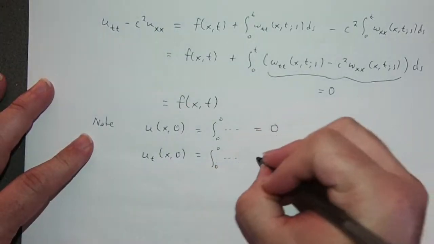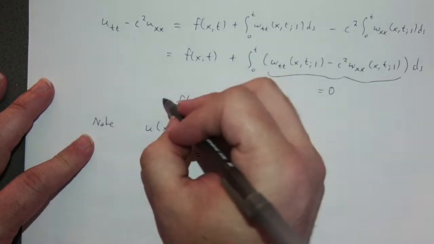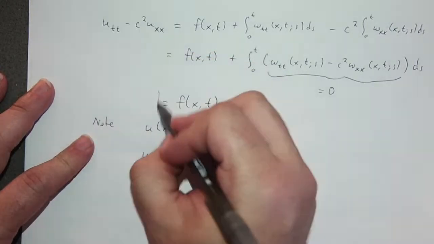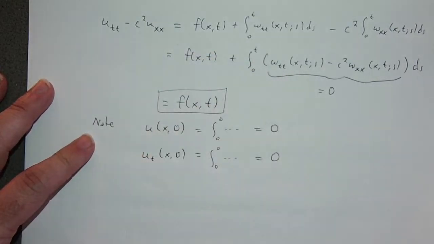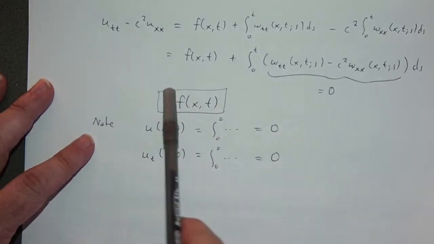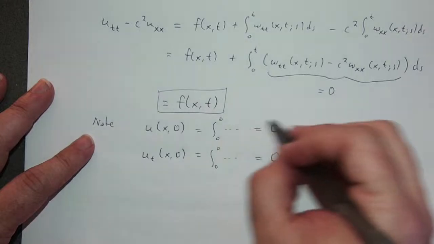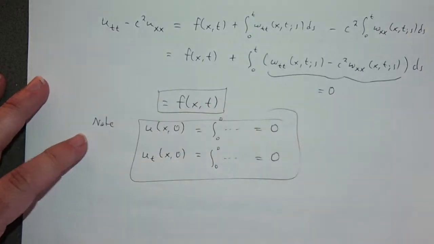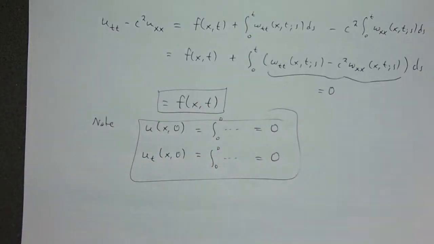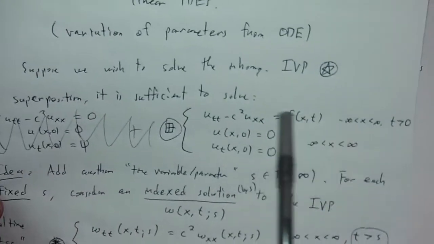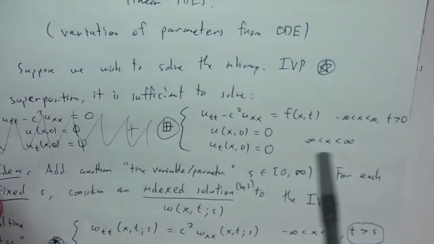Who cares? That's also 0. So u satisfies the PDE, and it satisfies both initial conditions of 0. And so it does indeed solve this expression here.